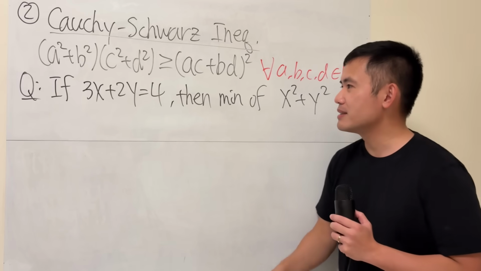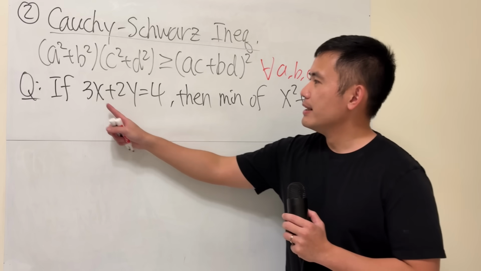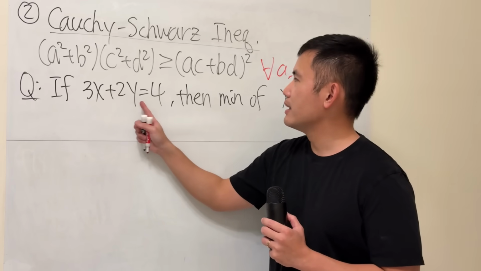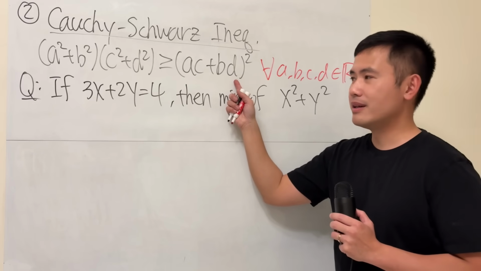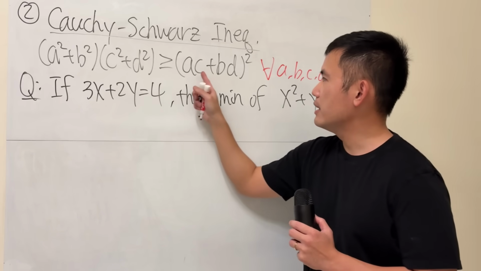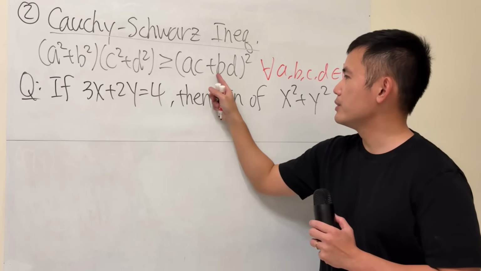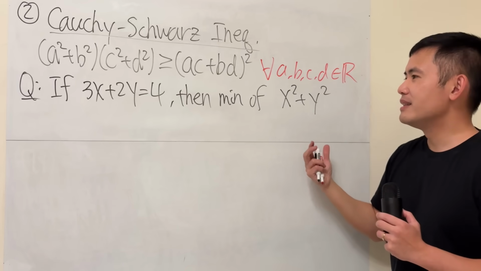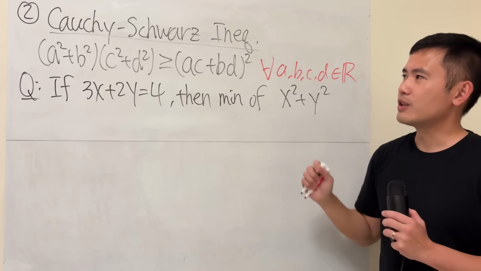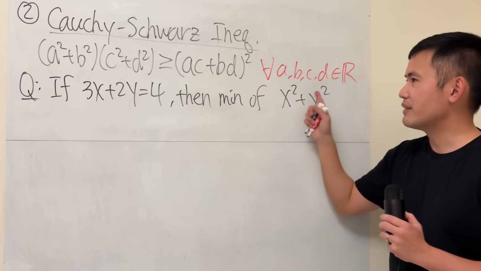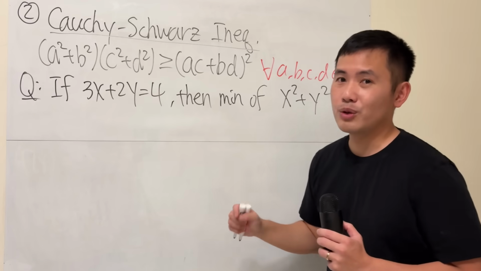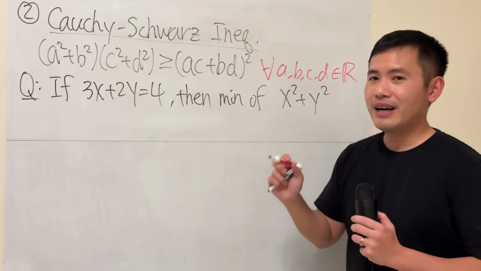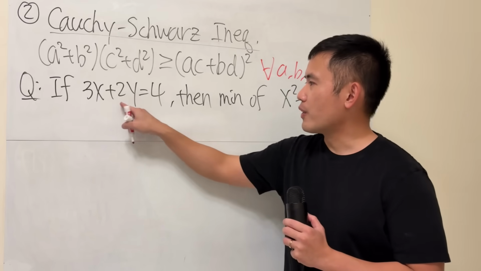The reason why is because, have a look. 3x plus 2y, it's like this part right here. Put the a to be the 3 and the c to be the x. Likewise 2 and also the y. And another hint that will suggest you to use the Cauchy-Schwarz inequality is because we have the square. That might also be a hint. So have a look. I'm going to start from here.